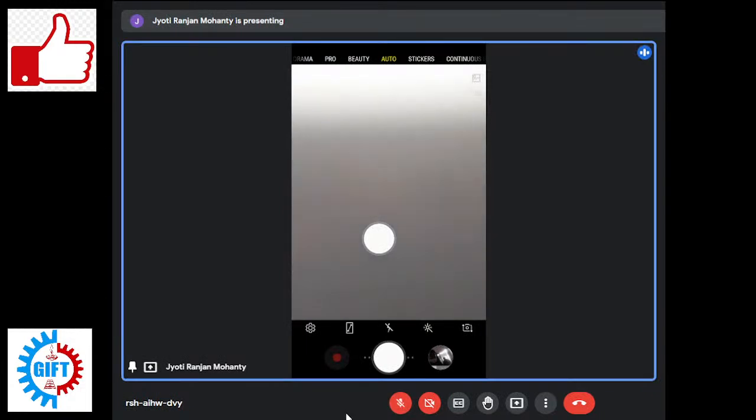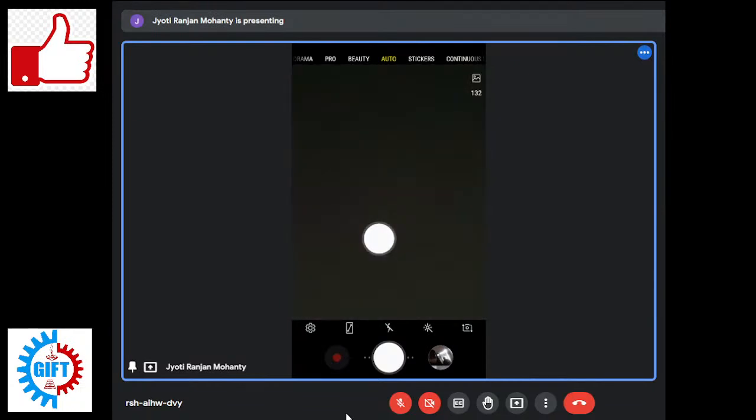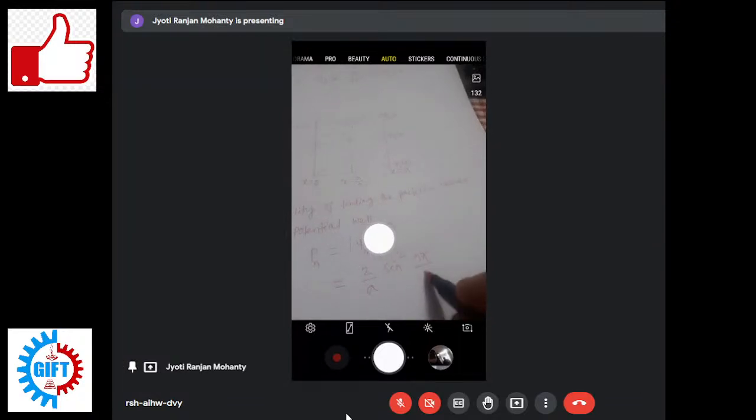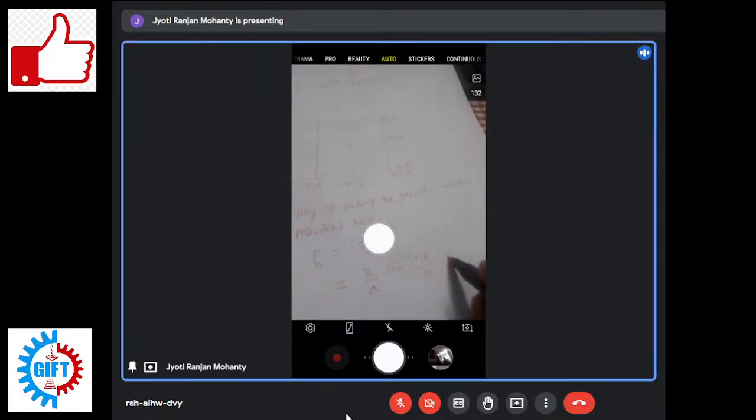Network. 2 by A, 2 by A sin square. Write 2 by A, if you take the square of sin psi n, 2 by A sin square kx, sin square n pi by A into x.